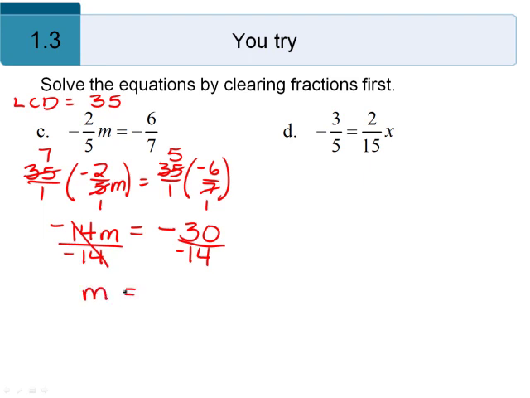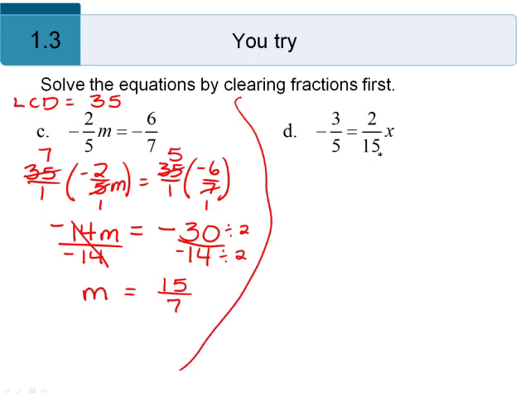Now, 2 negatives on a fraction, remember that's a positive, and you want to see what can go into both 30 and 14. Well, if I divide by 2, they're both even. You can always reduce by a 2 when they're even. That's going to give you 15 over 7, and that would be it. And leave your answers as an improper fraction. That's fine.